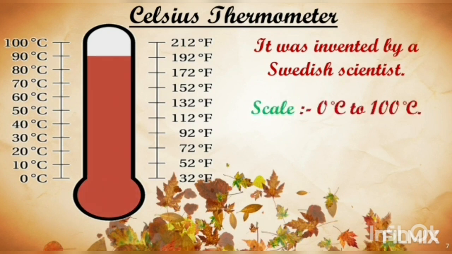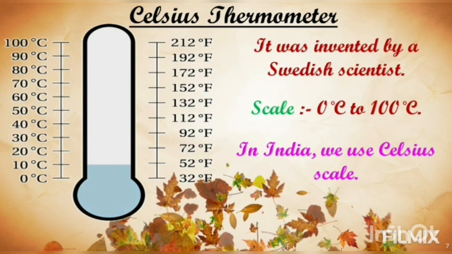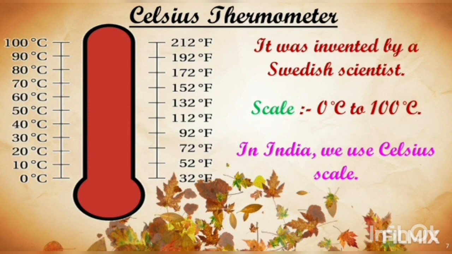The scale runs from 0 degrees Celsius to 100 degrees Celsius. In India, we mainly use the Celsius scale. You must have seen that whenever you check the temperature of a city or a state, it always shows the temperature in degrees Celsius. Why? Because in India, we mainly use the Celsius scale to measure temperature.